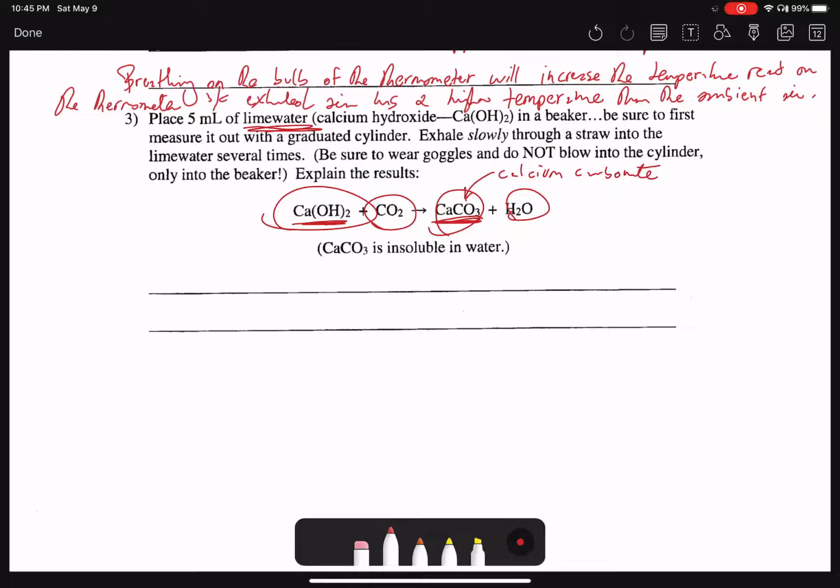All right, so to fill in this properly, we would say when CO2 mixes with calcium hydroxide, you form calcium carbonate and water.